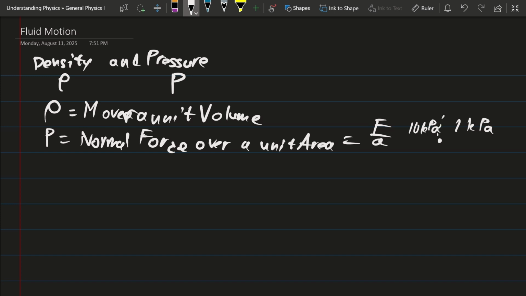In here I have already given an example in which I have a point in between the boundary of the 10 kilopascal and the 1 kilopascal. The question is, where would the particle move towards? The answer is the particle will go towards a lower pressure. So the idea that a particle would go towards a lower pressure is the idea of fluid mechanics.